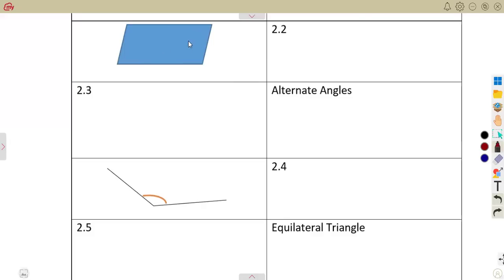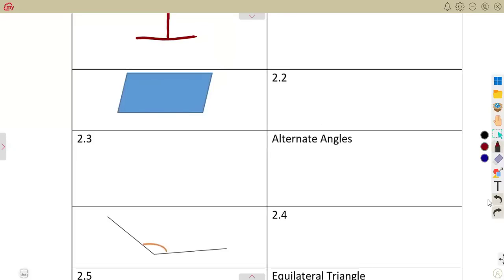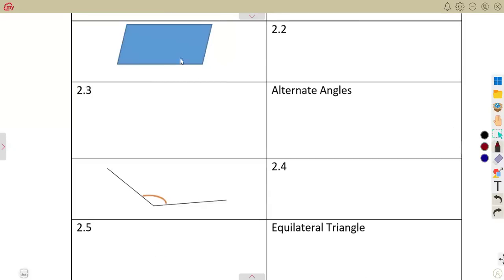You're not supposed to be told; you're supposed to know just by looking at it. Guys, this is a parallelogram. We can even see these two sides being parallel, with opposite sides parallel, and this slanted part. That's a parallelogram. The shape on its own, you're supposed to know it.